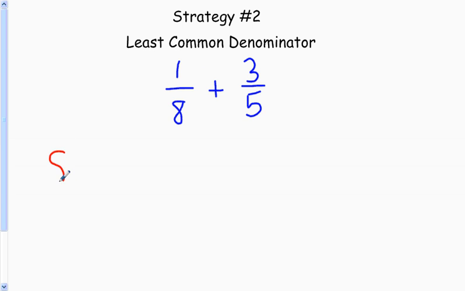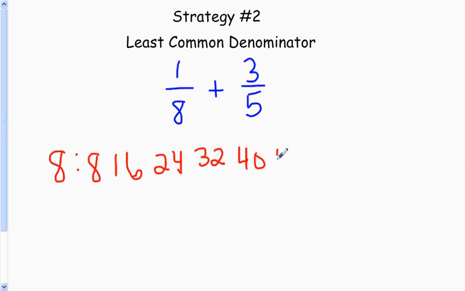And you can skip count with me if you'd like. So 8, 16, it's not easy writing with a mouse, 24, 32, 40, and I'm going to go ahead and do 48.